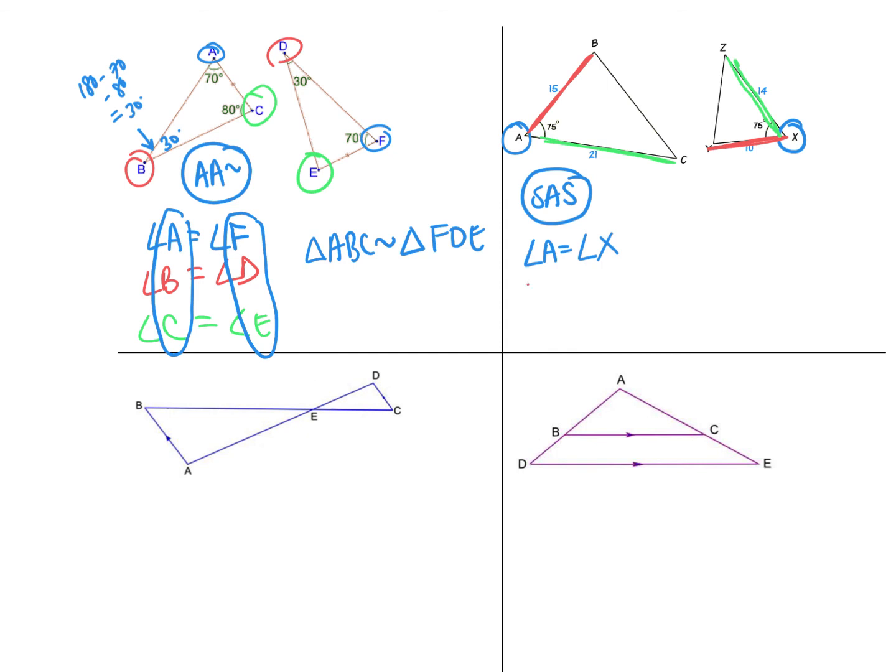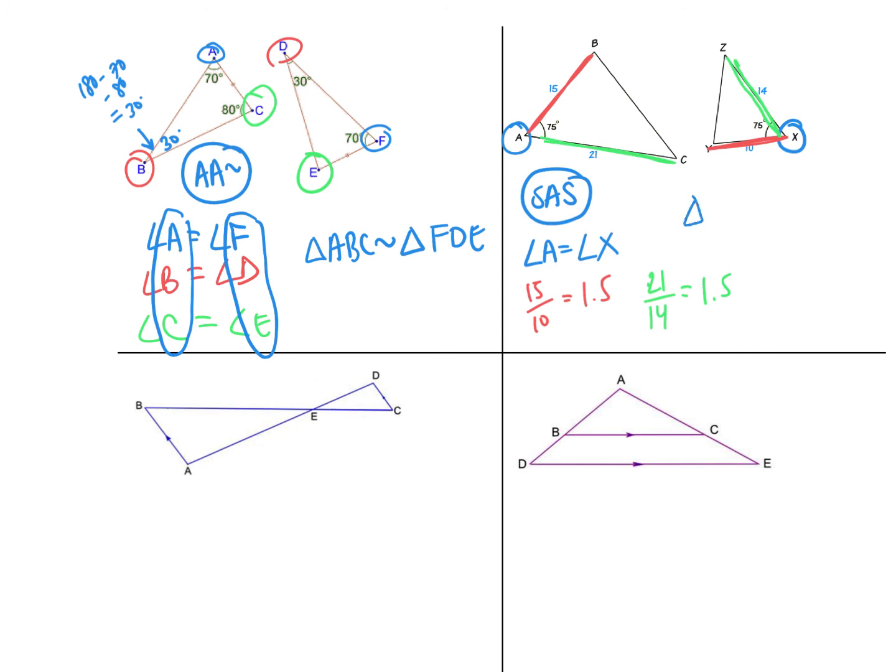For our red pair, 15 divided by 10 is 1.5. And for our green pair, 21 divided by 14 is also 1.5. So there we are. They match. So in this scenario, I had to show one angle and then two sides.